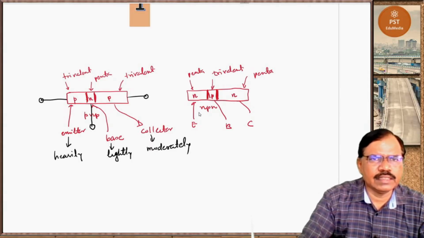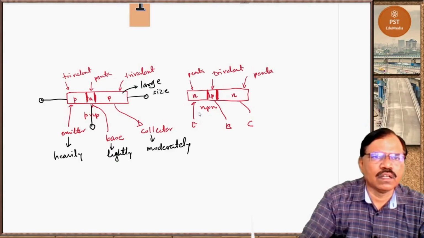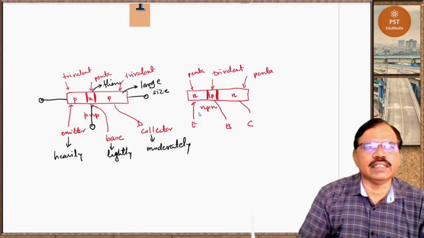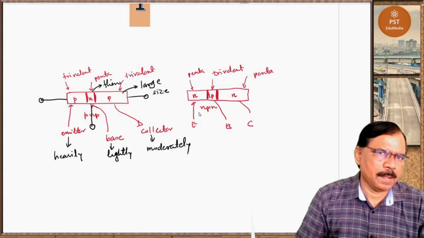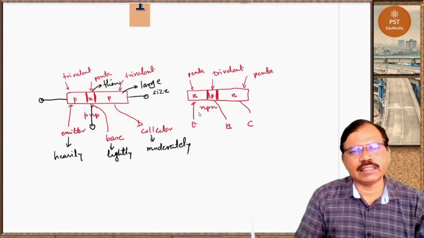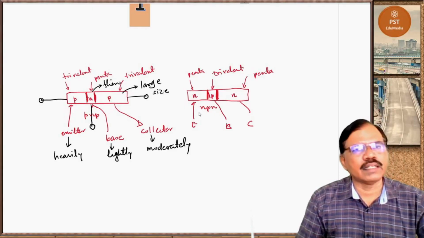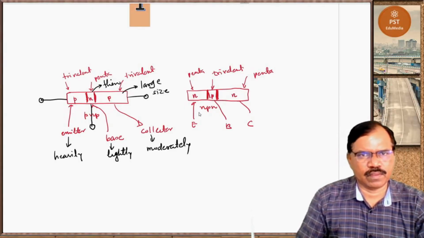Now the collector region has large size, while the base region is thin. Base region is thin. Collector has large size because it has to collect charge carriers.